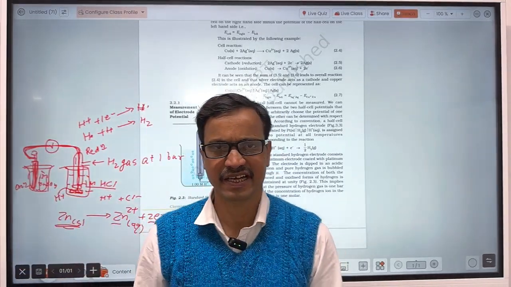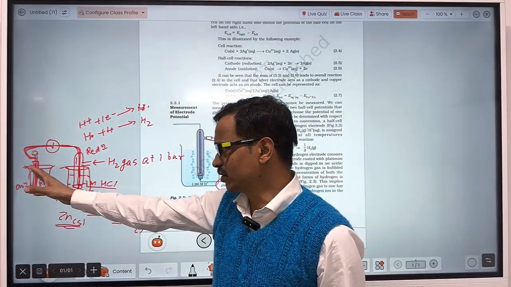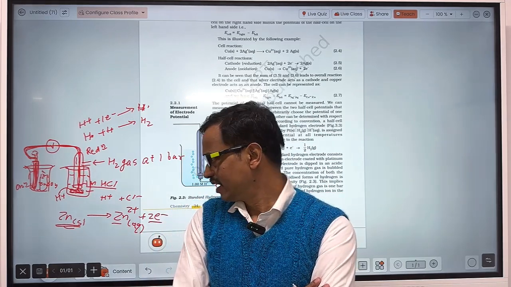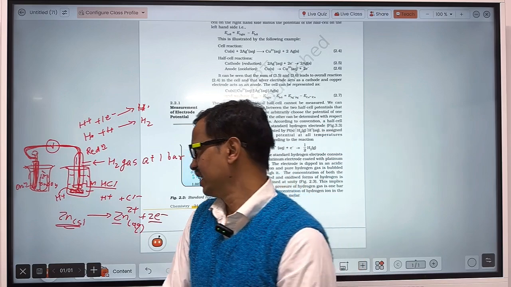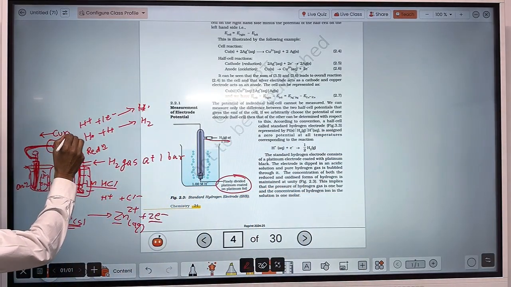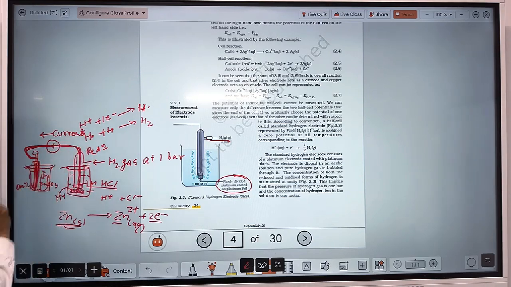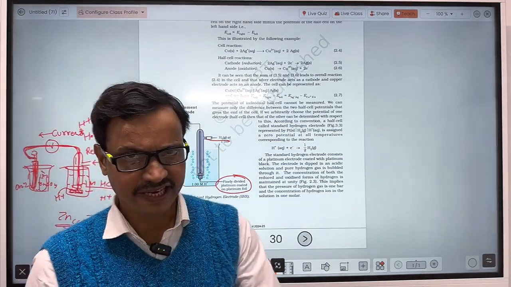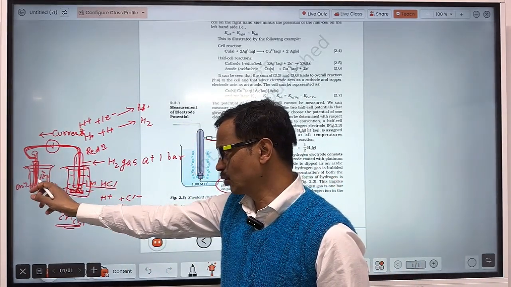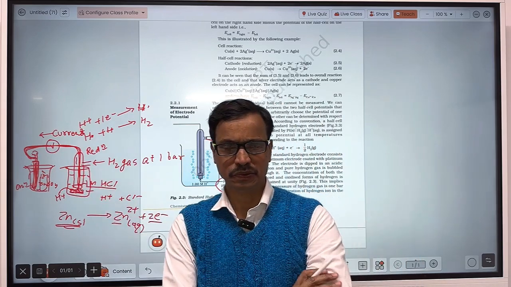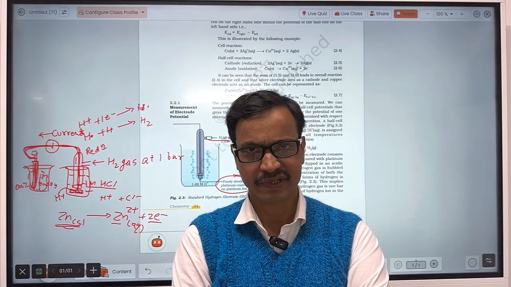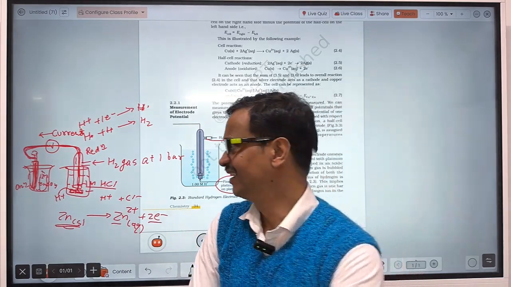Now when we connect the zinc rod to the hydrogen electrode, the zinc has converted into zinc ion, and the movement of current will be from the hydrogen to the anode zinc. So the direction of current tells you whether the electrode connected to the hydrogen electrode gets oxidized or reduced.